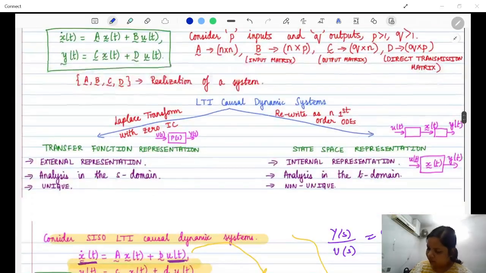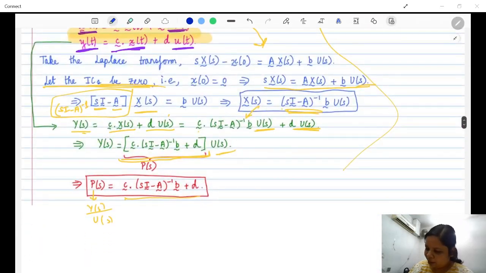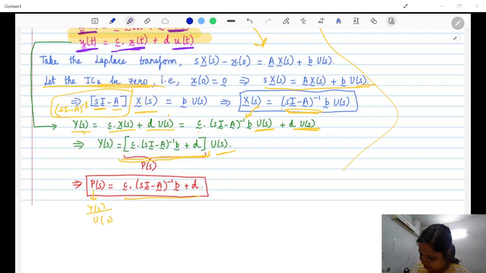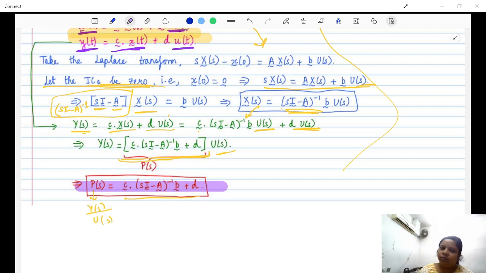Yeah, you remember. I hope you remember this thing. I told you that this is the way in which we find the relation between Y(s) and U(s). So we took the Laplace of the system that we had. We took the Laplace of the output that we had.